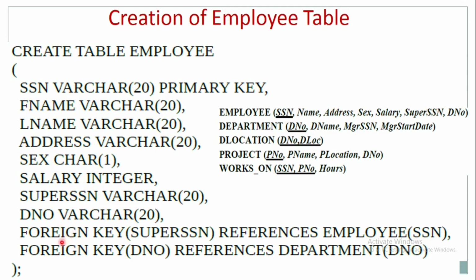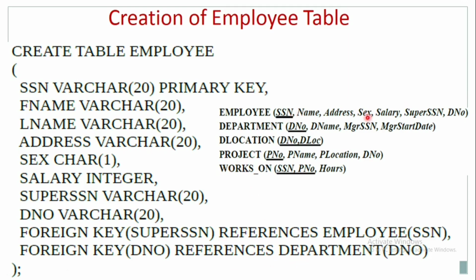Then the foreign key: super SSN is a supervisor of a particular employee. So this is a foreign key, refers the SSN from the same table. The super SSN refers the SSN, here SSN is a primary key. So references employee SSN, and we have got foreign key department number references from department table.